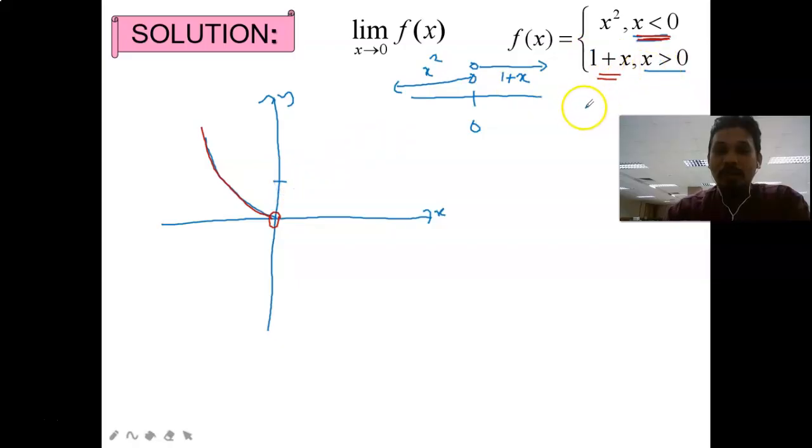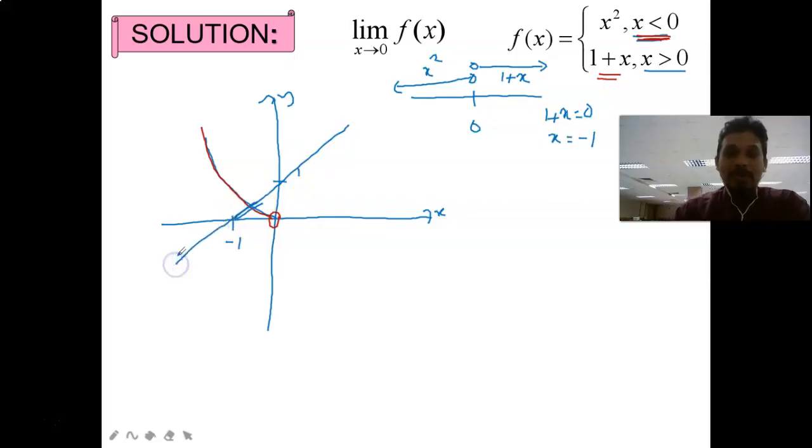And when y equals 0, 1 plus x equals 0, then x equals negative 1. So the graph is a linear straight line, something like this.